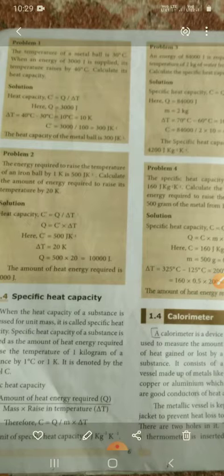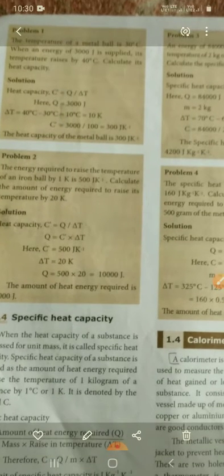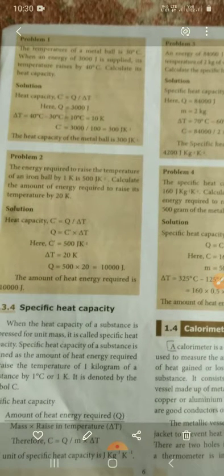Okay, understood? First sum: the temperature of a metal ball is 30 degrees Celsius. When an energy of 3000 J is supplied, its temperature rises by 40 degrees Celsius. Calculate the heat capacity.